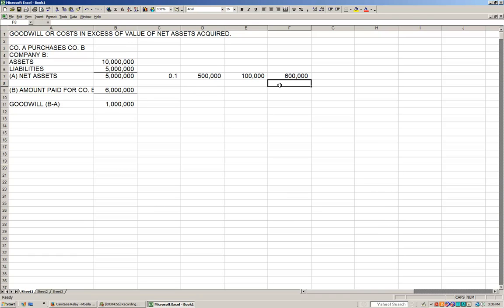This is why goodwill gets created. Goodwill is created because we're willing to pay something for the excess earnings capacity of company B. That earnings capacity has value. Okay? So the total value we assign to company B in this case is $6 million, which includes an extra $1 million of goodwill.